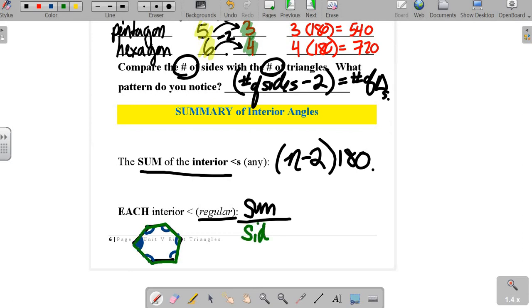Sum over sides. Therefore, the equation for a single angle interior of a regular polygon is n minus 2 times 180 divided by the number of sides, which is n again. n stands for number of sides.